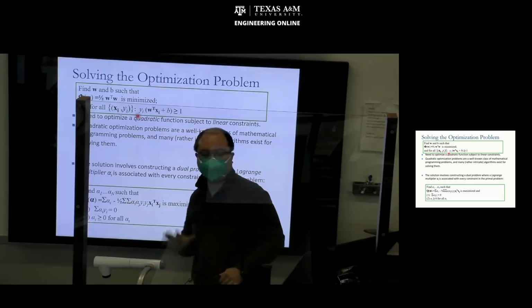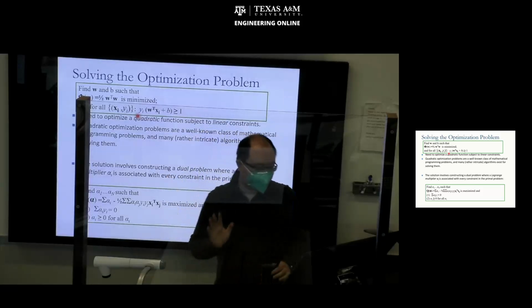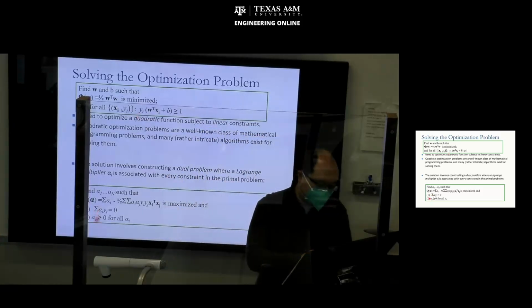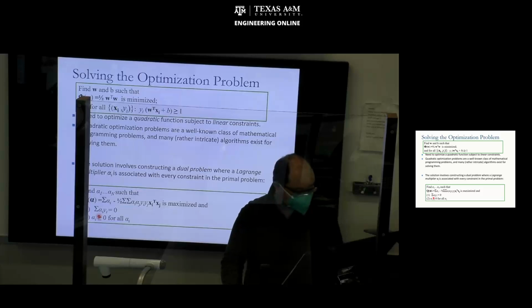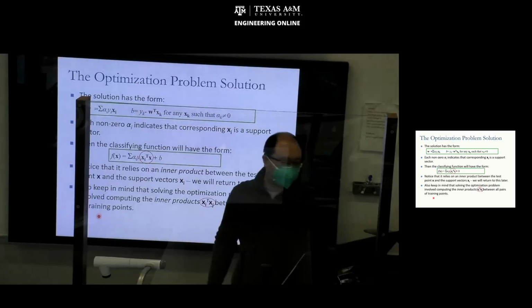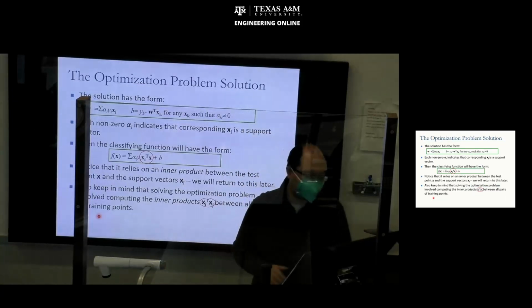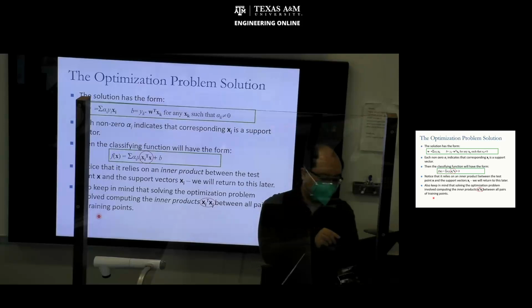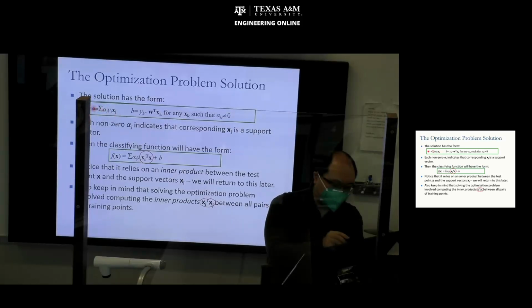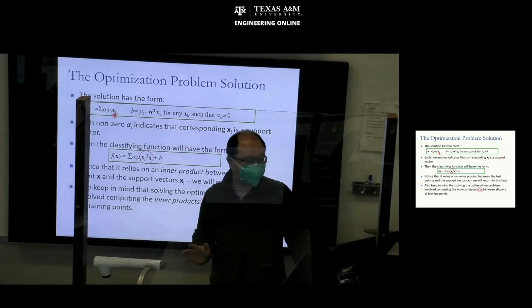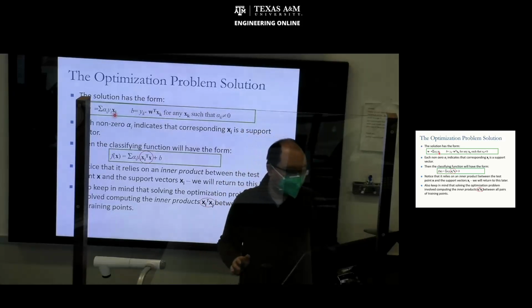We'll say what exactly that means. And these alpha i's are non-negative. The optimal solution has the following form: the optimal W is the sum of alpha i times yi, which is already known, times xi. It's very simple.